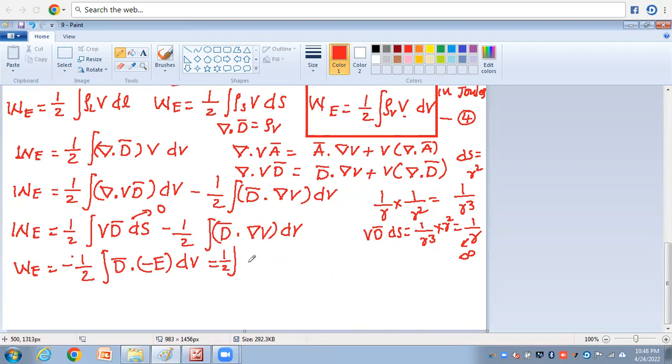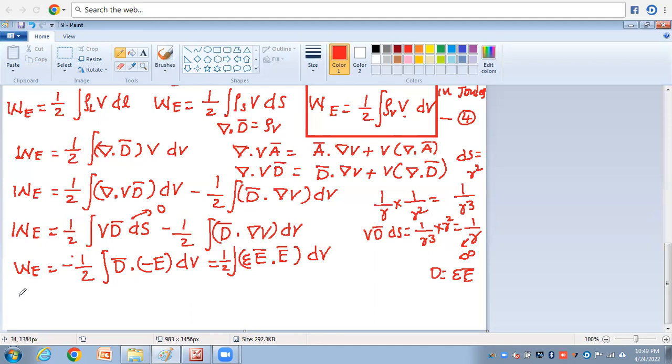Now D bar means electric flux density. Then D bar equal to epsilon E bar. Now substitute epsilon E bar in the place of D bar. At the same time, another E bar is already there with the help of this del V. Now the second thing, dV volume, is as it is. So what happened here?